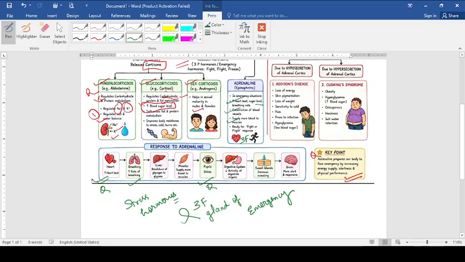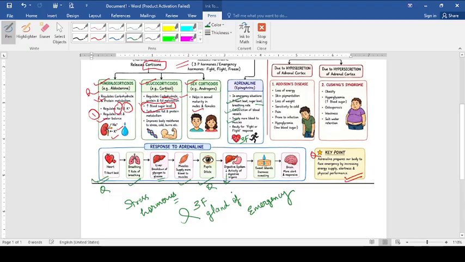Then in the liver, because you need more energy, your reserve food material, glycogen, is converted to glucose, which will give you instant energy. There will be more supply to your muscles, as I already discussed. Then it decreases the activity of digestive organs. Whenever you are tense, you do not feel like eating anything, because of this adrenaline reaction. At that time you feel like vomiting, because your digestive reactions are coming down.